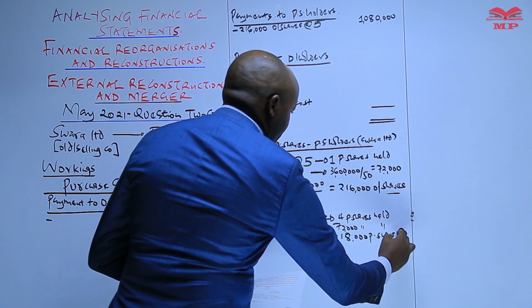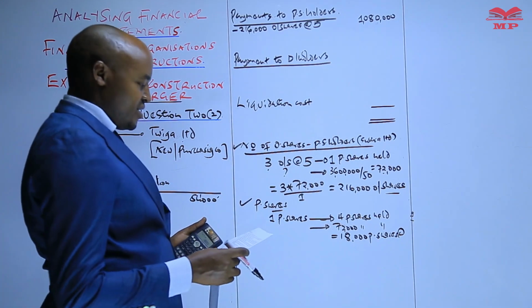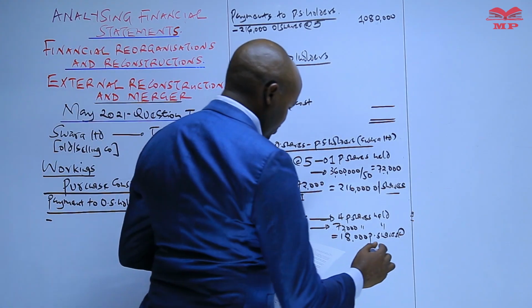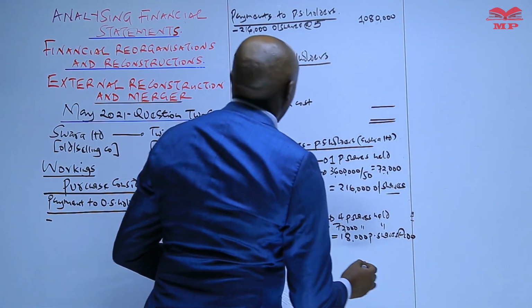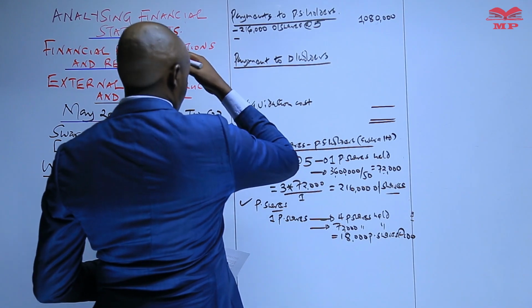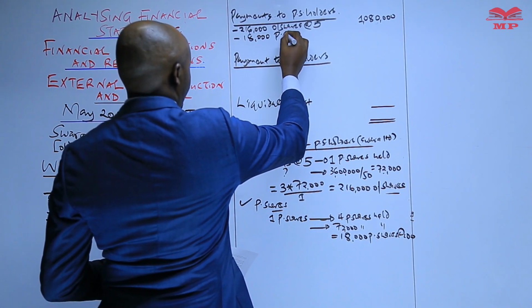And you are told that these preference shares will be issued as fully paid. What is the par value per preference share? From additional information number 1, the par value per preference share is 100. So therefore, the preference shareholders of Swara will be issued with 18,000 preference shares.